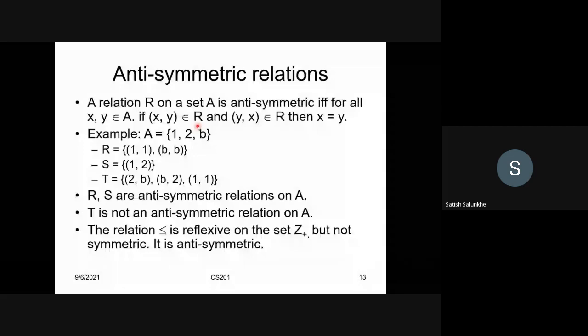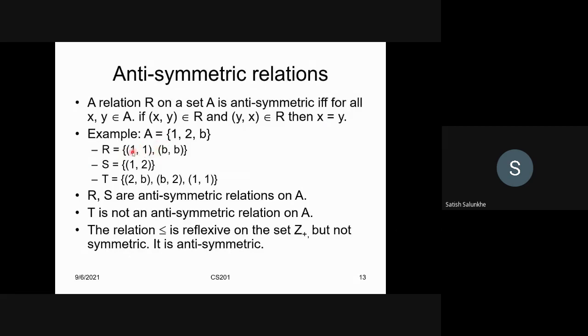But a relation is called anti-symmetric when (x,y) belongs to R and (y,x) also belongs to R, then x and y both have to be the same. If (x,y) and (y,x) both belong to R and x and y are not the same, then the relation is not anti-symmetric. So for example, let us take this relation R. (1,1) belongs to R.